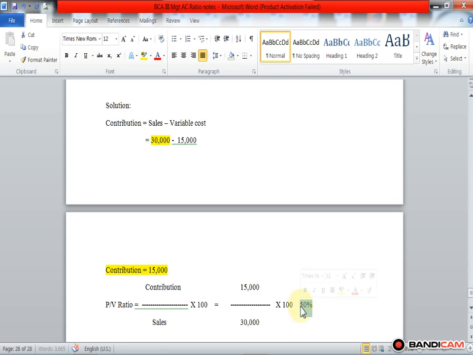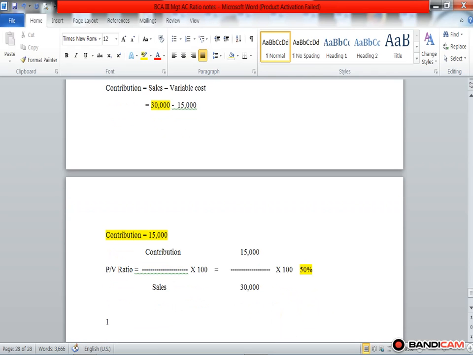Now we can easily calculate the BEP sales. Now we calculate the first point, that is BEP, which is equal to fixed cost divided by PV ratio.